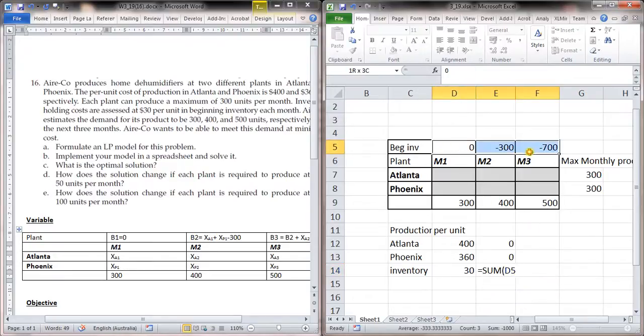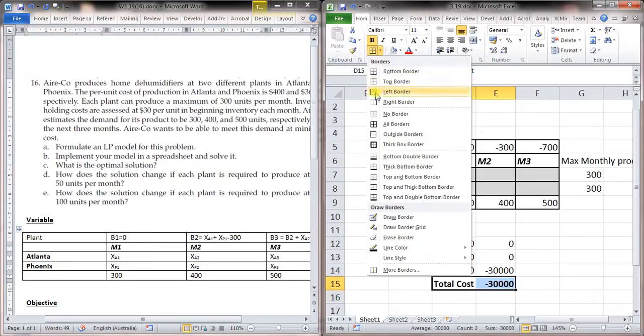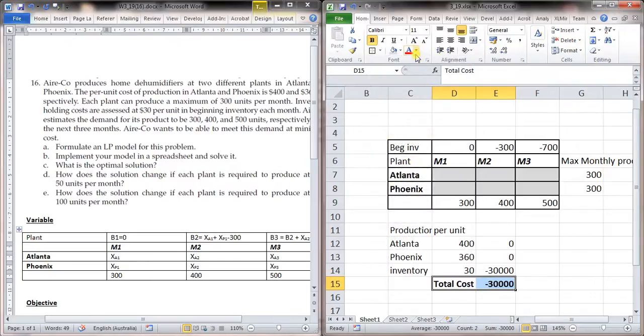Sum of all beginning inventory multiplied with the inventory cost, and that will give us our total cost, which is equal to the sum of all these three. So this is our objective. We have to minimize this by moving these variables.